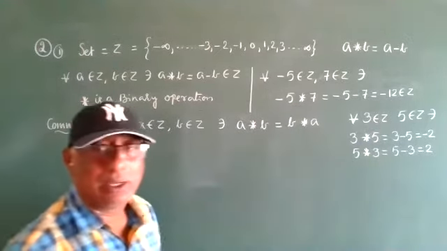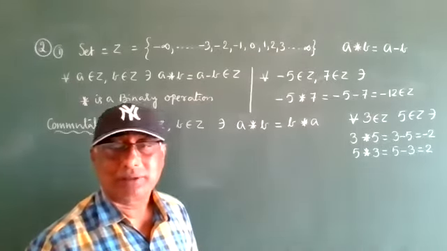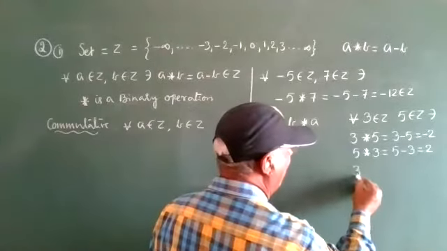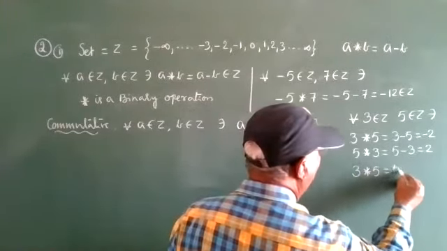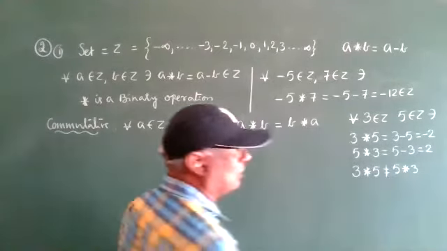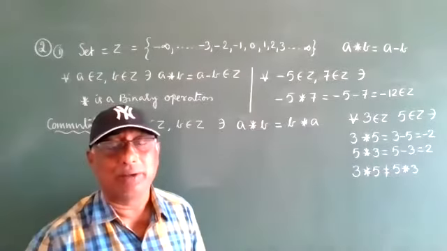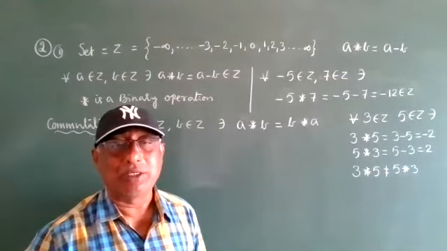Both are not equal. 3 star 5 value is minus 2, but 5 star 3 value is plus 2. Commutative fails.